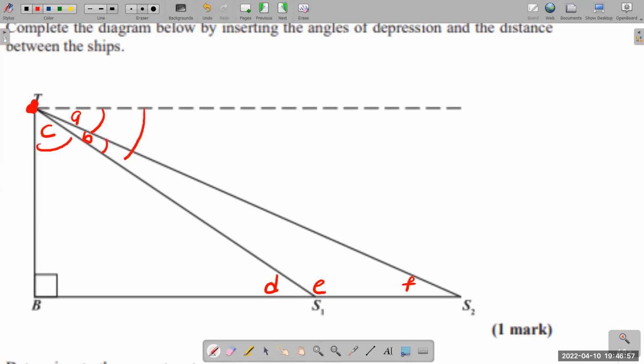From here to here, I'm going to put G. Everybody see all the places that I label, all the different angles? Because my case right now isn't about doing calculations. It's about making sure you understand how to translate the information.